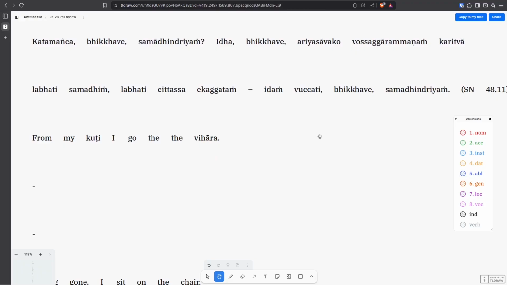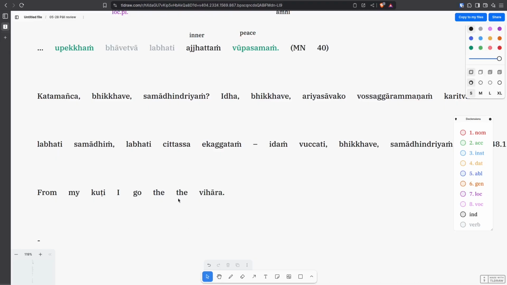Katamancha is like for a question. This is the interrogative, meaning what and what. The cha is joined to it, and what is the faculty of concentration?